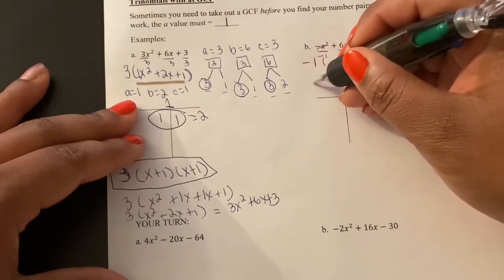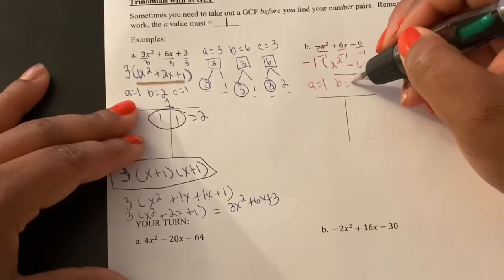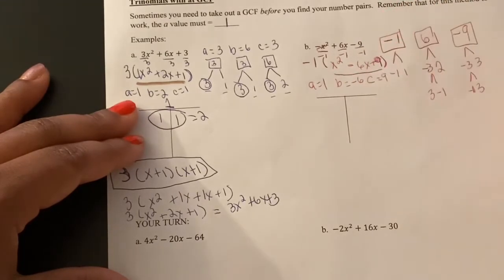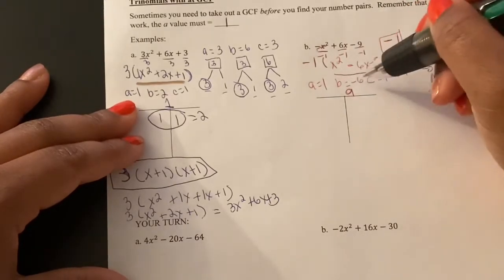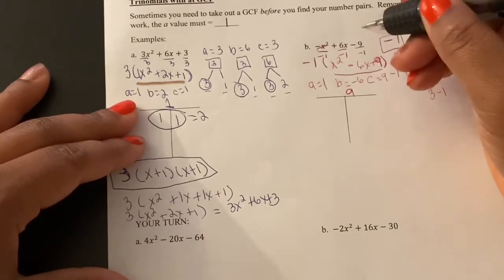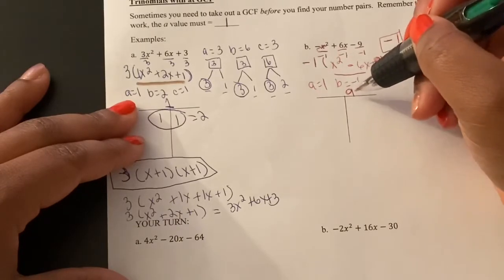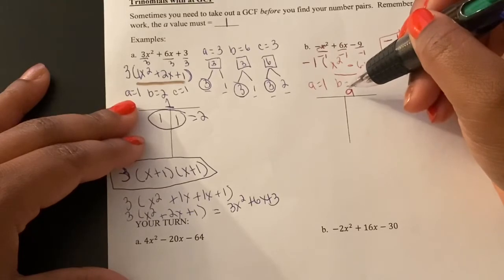So here my A is 1, which is what we want. My B is negative 6, and my C is positive 9. I had to find the factors of C that add to make B. That's my step 2. My factors of 9 that add to make negative 6. Okay, so let's write out my factors of 9. Now remember, since 9 is a positive number, it could either be 2 positives or 2 negatives.